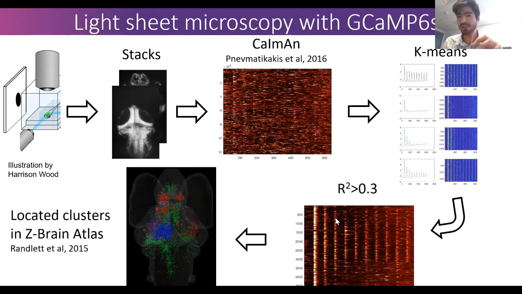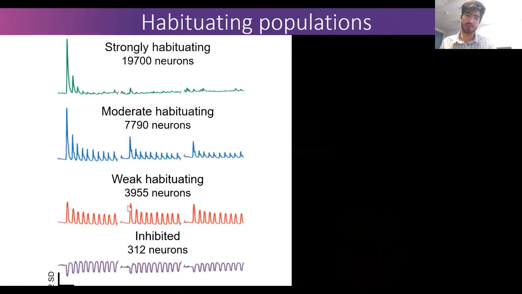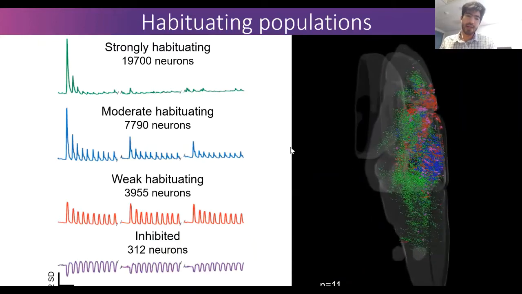And because all these ROIs have 3D coordinates of each individual fish, we can warp them into a zebrafish brain atlas that was made available by another group. In this way, we can find the different types of responses to our stimulus train, and also where in the brain they are located.